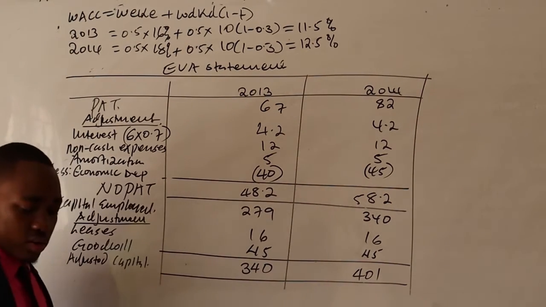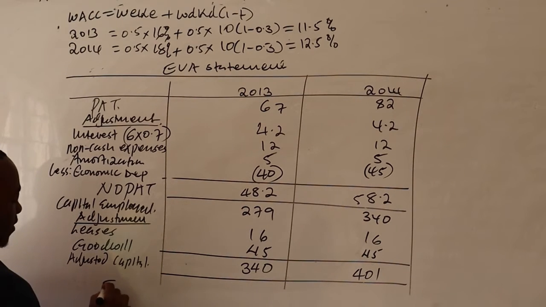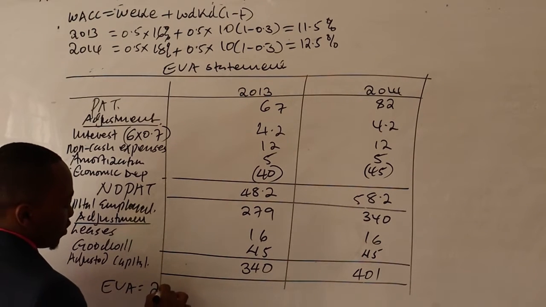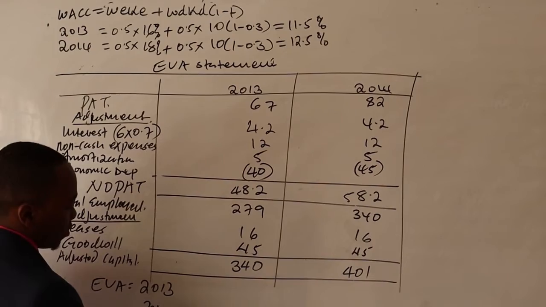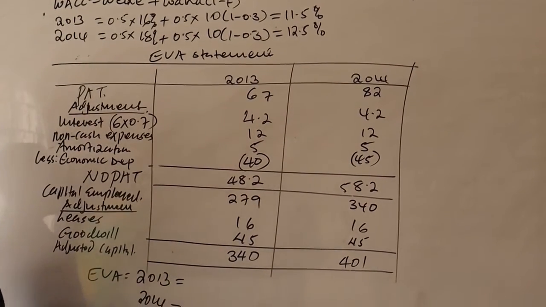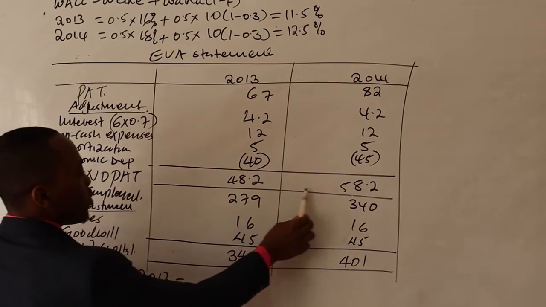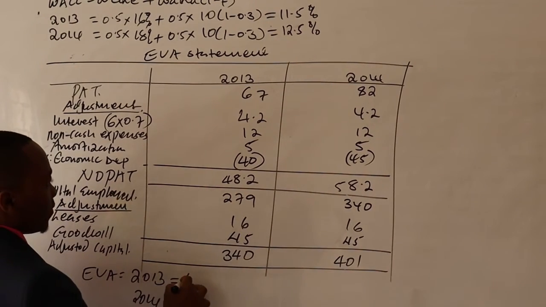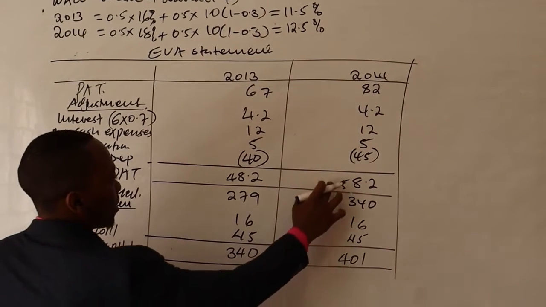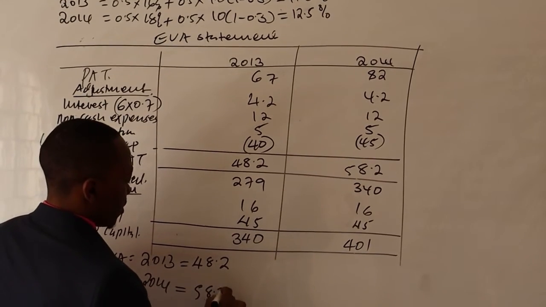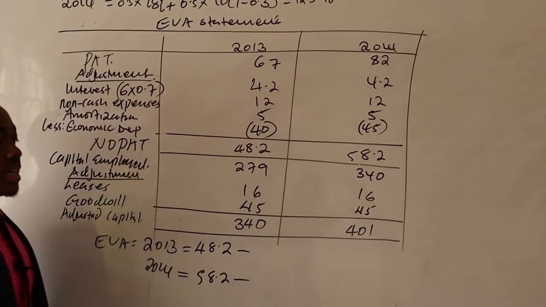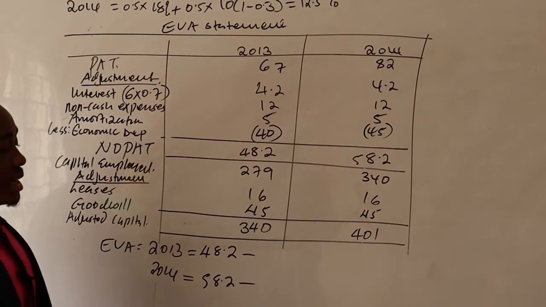Let's determine our economic value added. So how do we get EVA? For both the year 2013 and 2014, to get EVA, you take the net operating profit after tax, which in year 2013 is 48.2, and the other one is 58.2. Then you deduct the return on capital employed.